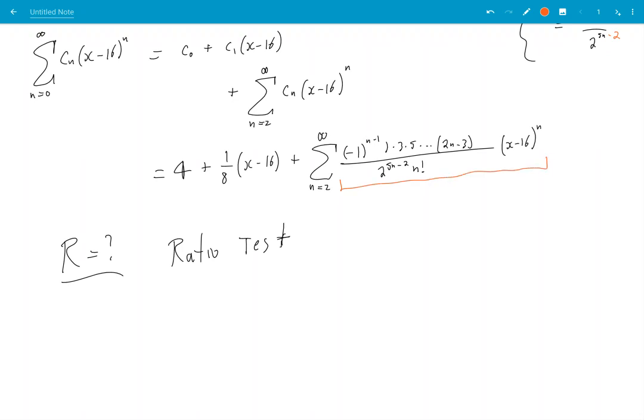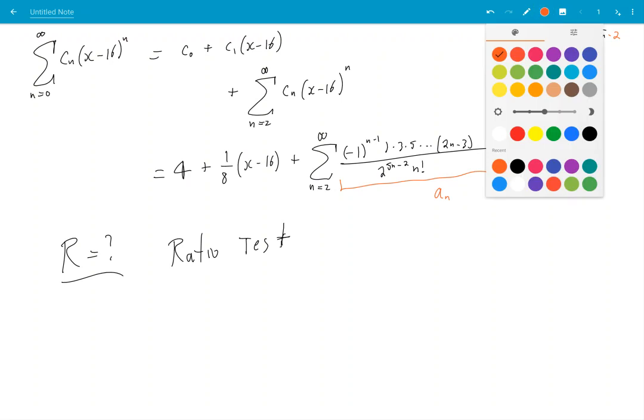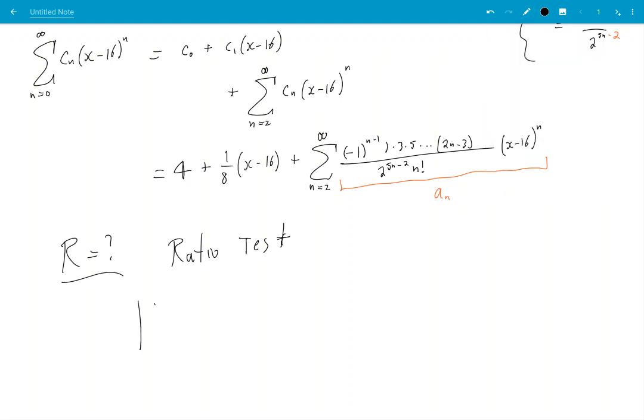You take this to be your a_n. So you do absolute value. And let's see, I want you to fill in the blanks here and try this on your own.